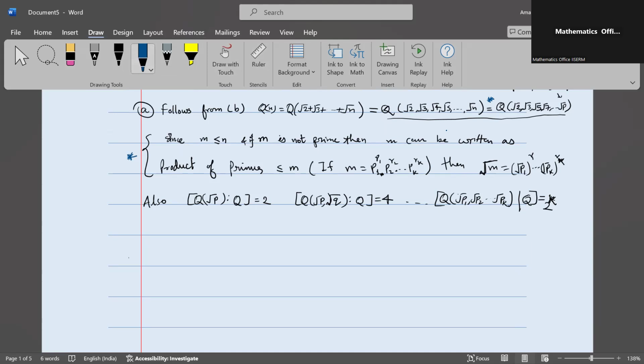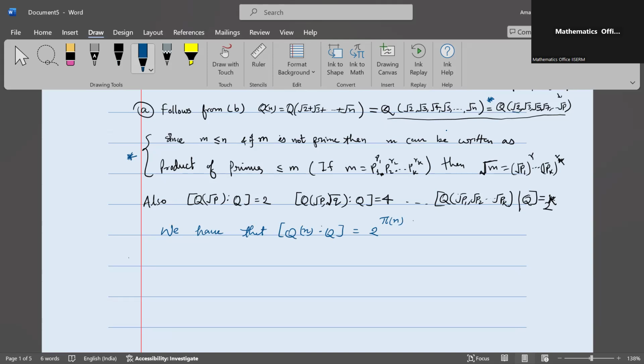And now following this, we have that the degree of extension of Q(x) over Q is nothing but 2 power pi(n). Pi(n) is the number of primes less than or equal to n.